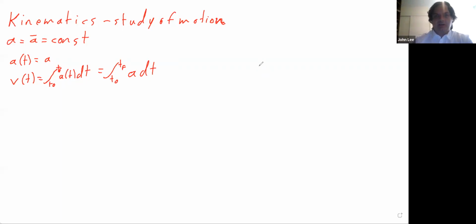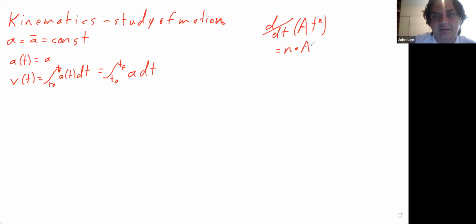which, if you don't know how to do, we have the derivative of a polynomial function: d/dt of a t to the n is equal to n times a t to the n minus 1.